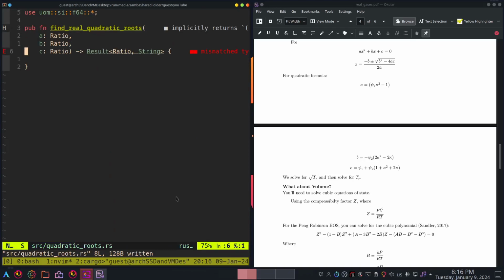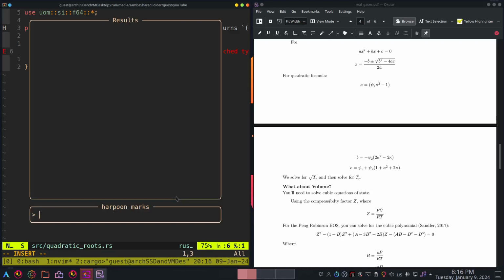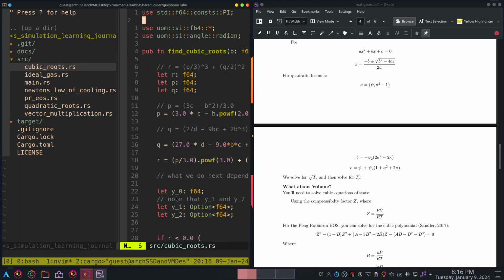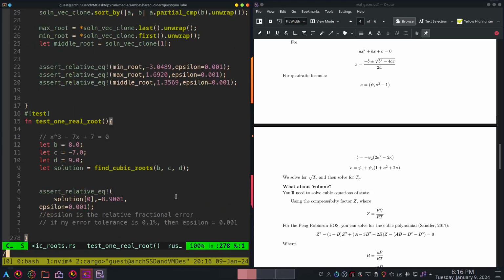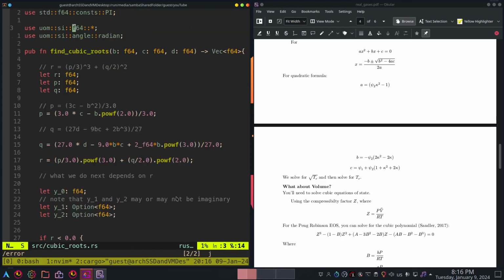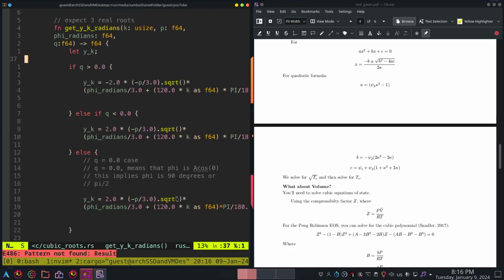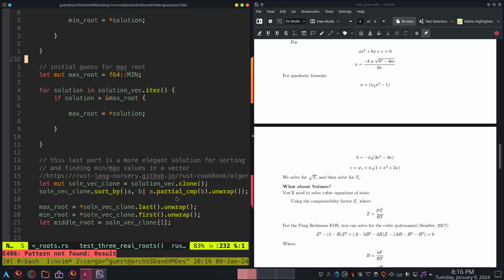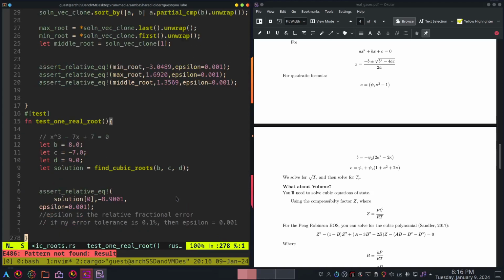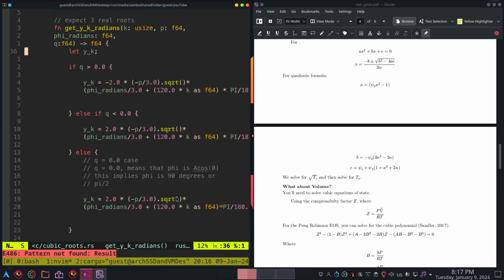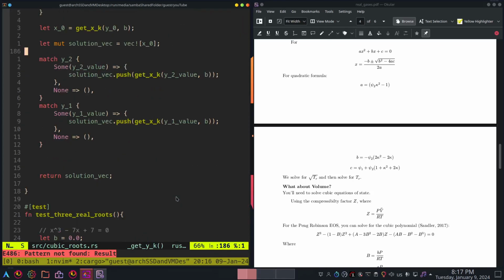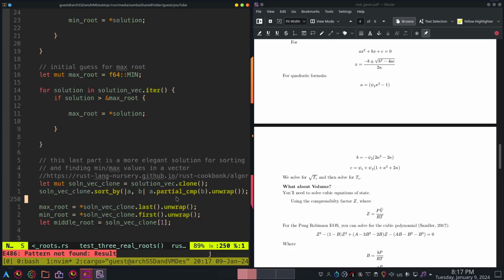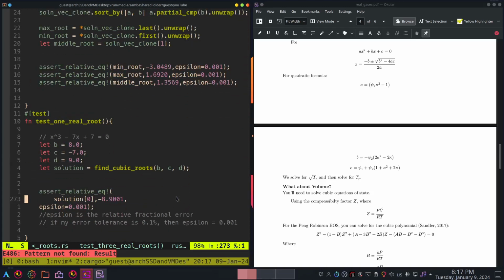Let me go and import the error types as we did before. So error. Let's see whether I have a result. Oh, I don't have a result here. Find cubic roots. Three real roots and one real root.